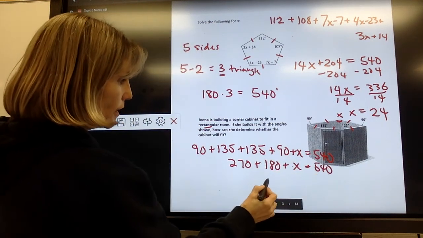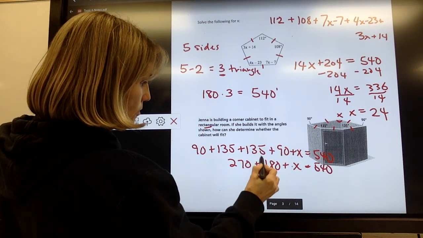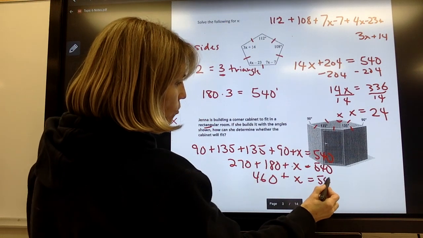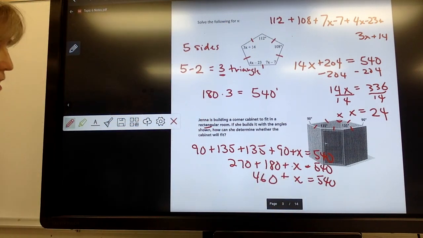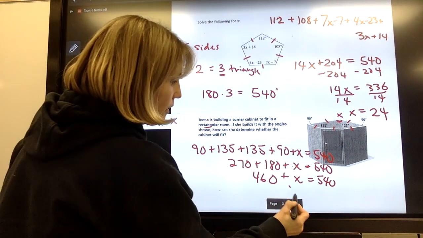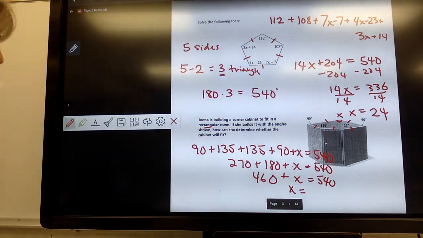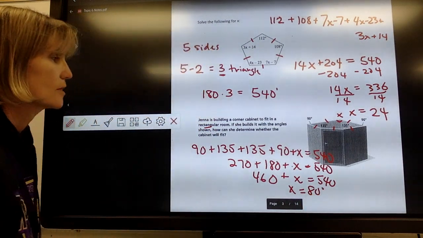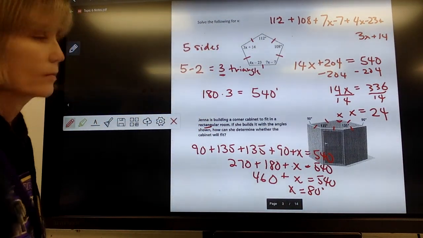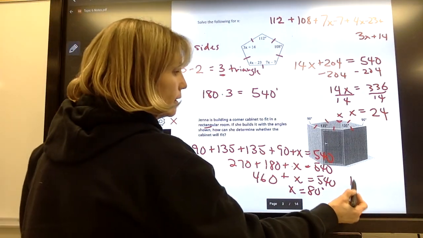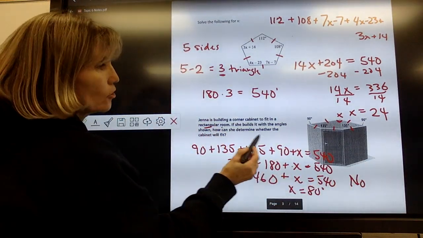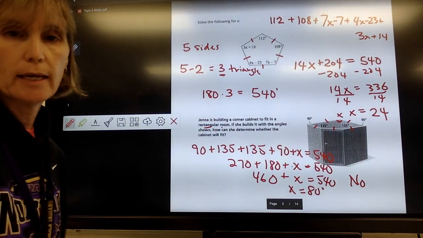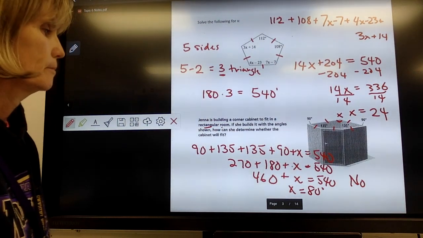If I add these two together, I get 460 plus x equals 540. We subtract 460 from both sides. We get x equals 80 degrees. So is that going to fit into the corner? I'm going to say no. It's in a rectangular room, so that would have to be a 90-degree angle, and it's not. It's only an 80-degree angle, so for that to work, it wouldn't.